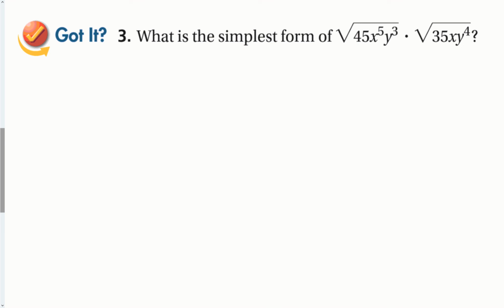Okay, so let's try this one more time. What's my simplest form there? So we put this together with 45 times 35, and I have the square root of 1575 x to the 6th, x and x, y to the 7th.